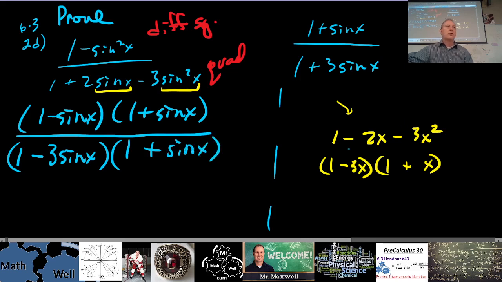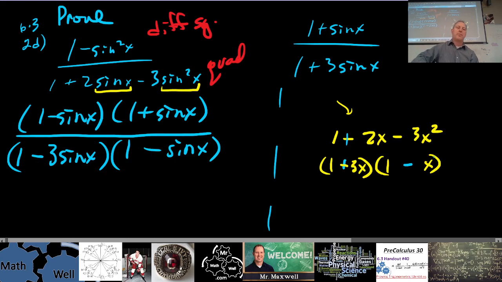Because we let x equal sine x. What's 1 plus 2x? What did I miss? Oh, it's 1 plus here. Oh, shoot. You're right. It is. Okay, that's fine. So then we have plus 3x and minus x. Thanks for noticing that. So this is plus, and this one's minus.